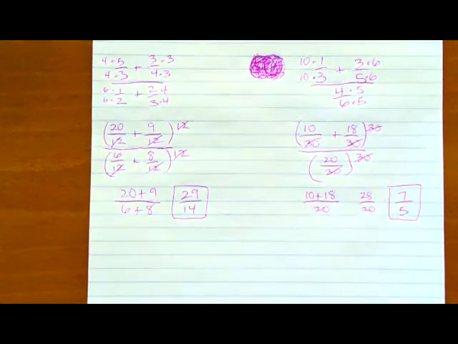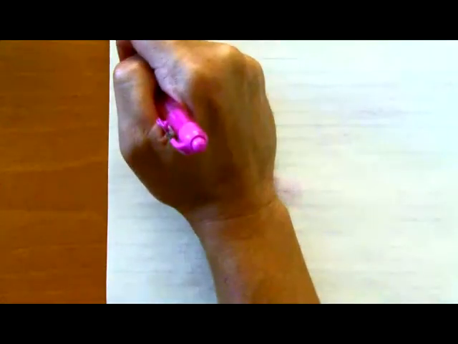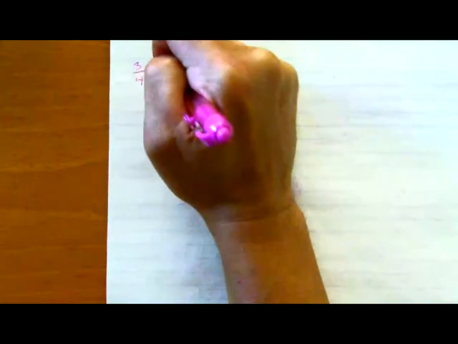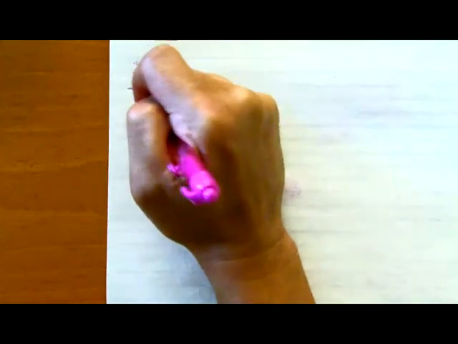Let's throw in some alphabet. Just a little. 3 over 4 plus x over 2, over x over 8.